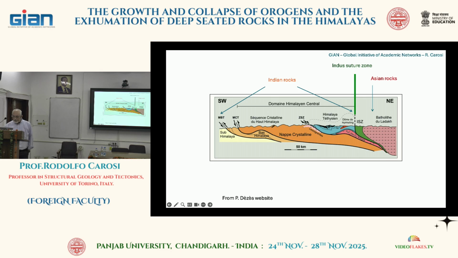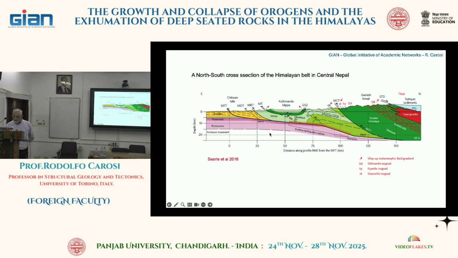The Zanskar shear zone is a strand of the South Tibetan detachment with a top down to the north, normal sense of shear associated with the intrusion of leucogranites.